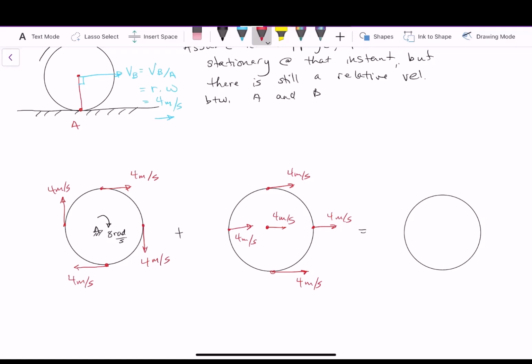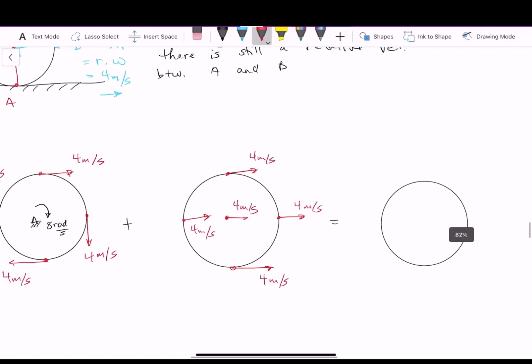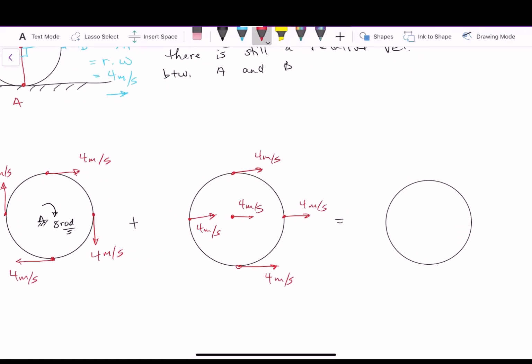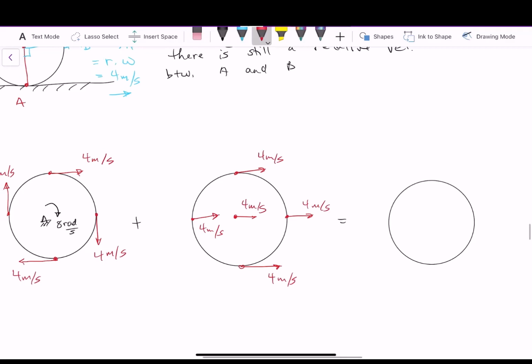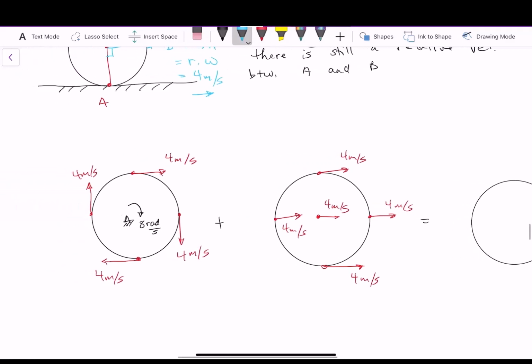So now what we're going to do is add up. Remember, since these are vectors, we would have to add them up vectorially. So if we took the top point, let's actually label these. We'll say this is 1, 2, 3, 4, and 5. And we'll do the same over here. So our 5 different positions.